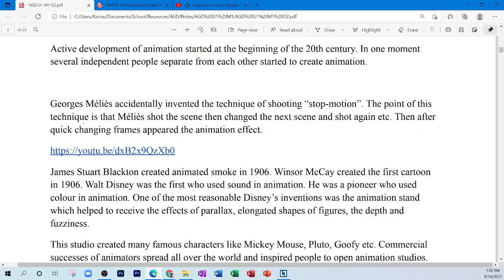So what this person, Georges, did, he took a series of pictures, and when he put them together one after each other, it gave the illusion of movement, and that is stop motion basically. You take an image, you change the scene slightly, take another image, and that is stop motion.